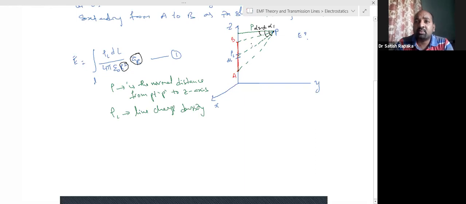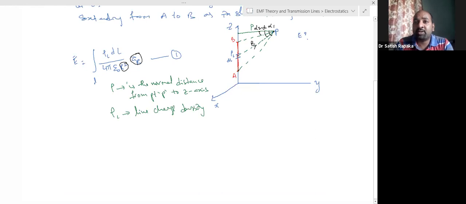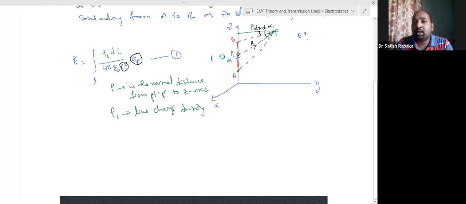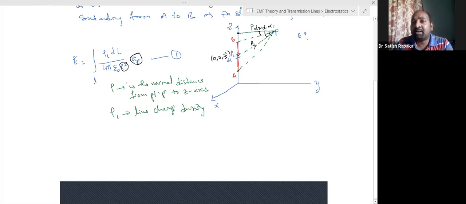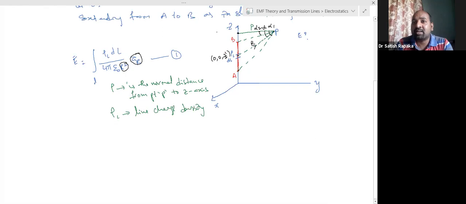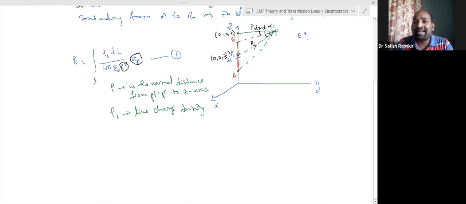R is the distance from the differential element to point P. Let us say the differential element is taken at 0, 0, Z dash, and the normal line meets the Z axis at the point 0, 0, Z.